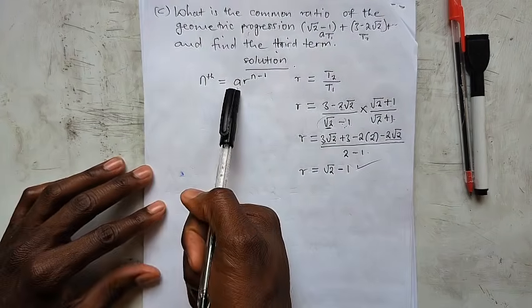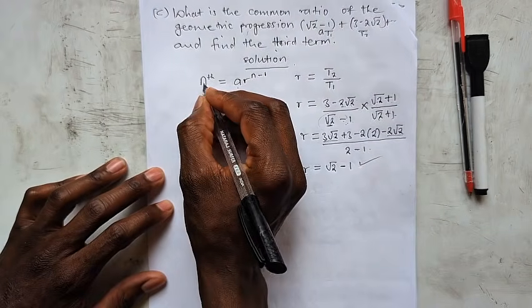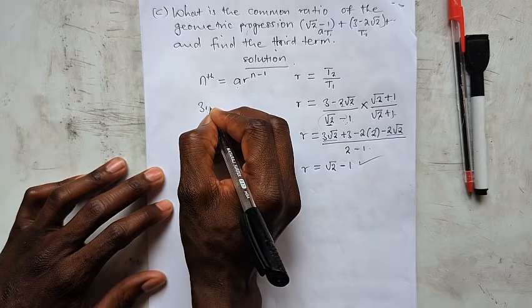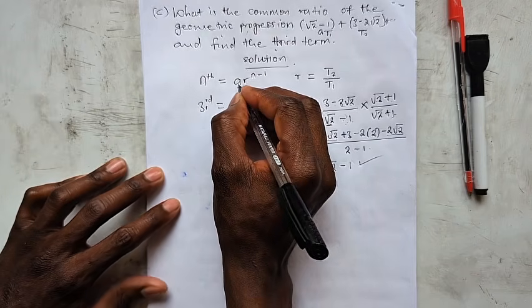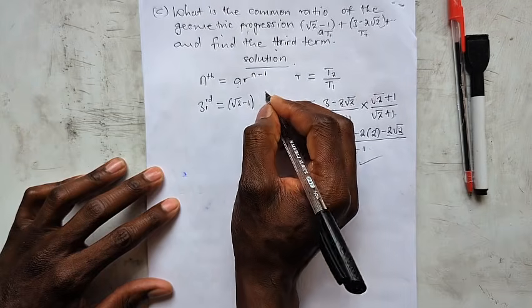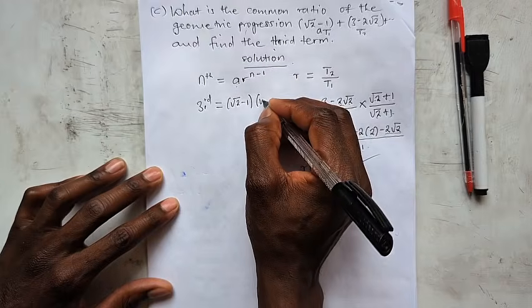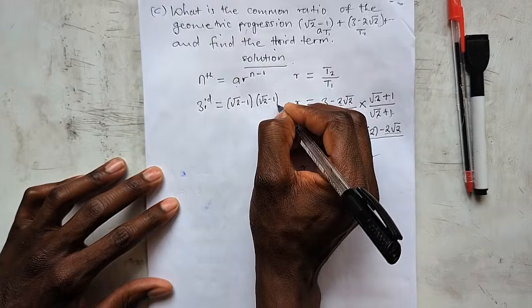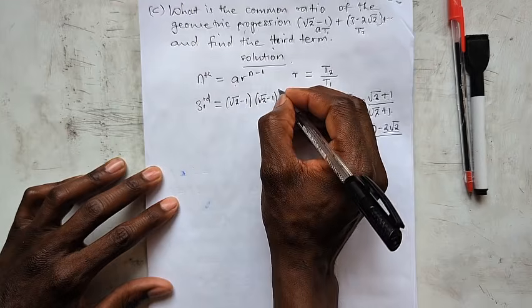When we come to this part, where we want to get the third term, it simply means n has to be 3. So the third term has to be equal to our first term, which is square root of 2 minus 1, times our r, which is square root of 2 minus 1, to the power of 3 minus 1, that will be 2.